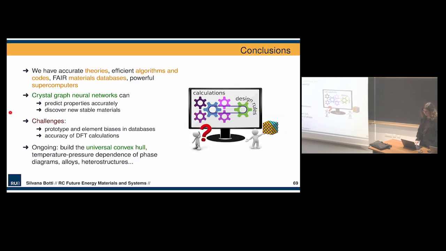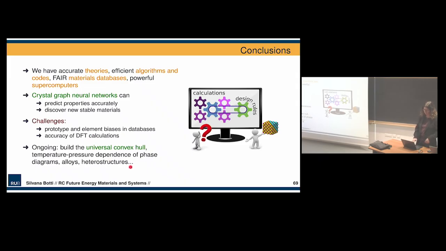Probably the open challenges are that we can still improve the databases of DFT calculations to include as much variety as possible. We need better data, more data now, to be able to do things that are still not possible.